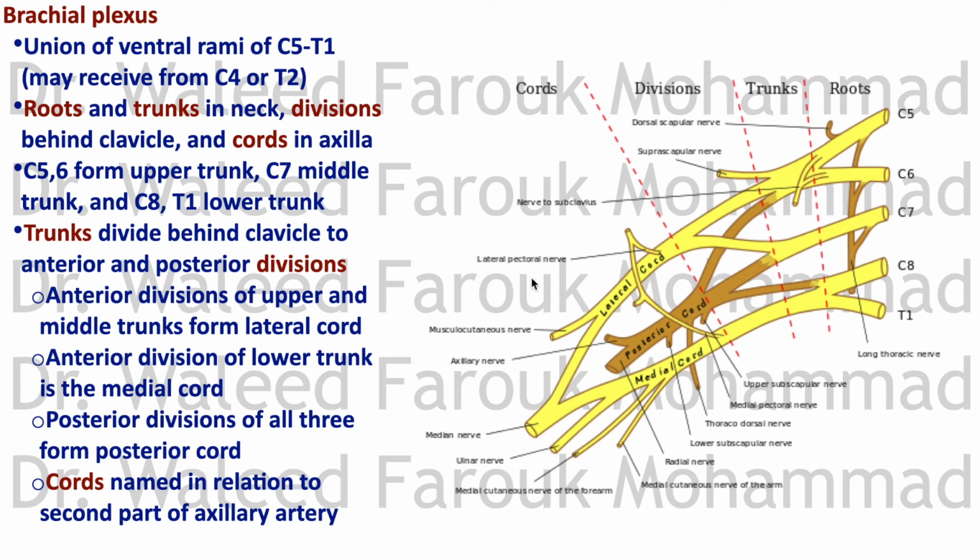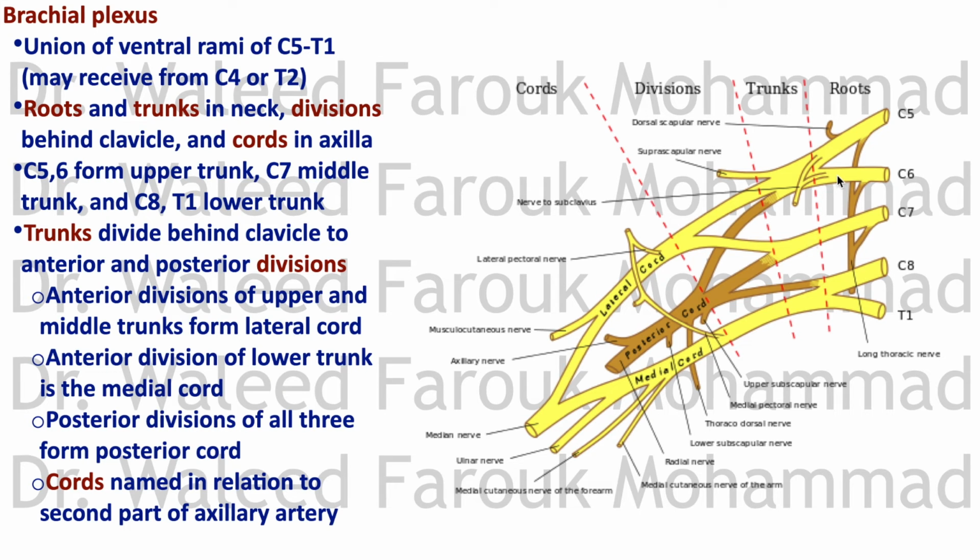Now, C5 and 6 roots form the upper trunk. The C7 root forms the middle trunk, and C8 and T1 form the lower trunk, which arches over the first rib. The trunks divide into anterior and posterior divisions.